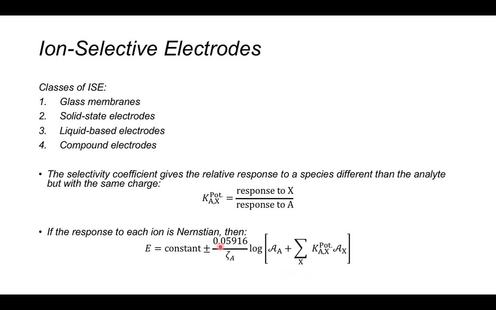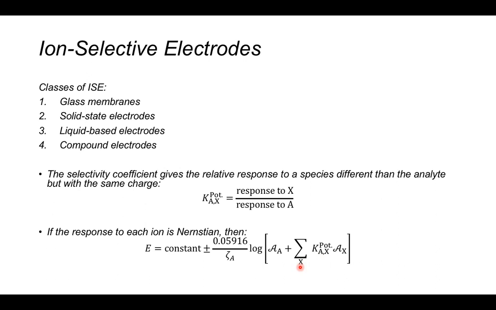So it's 0.05916 over n_A, times the log of the activity, plus the sum of all of the different species which are present, which could respond in our ion selective electrode.